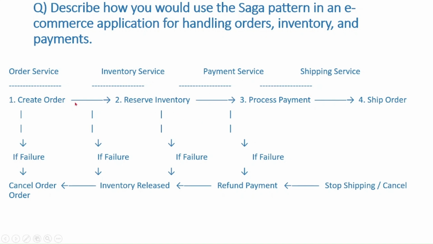So this is the diagram for the success flow. And if there is a failure, then these are the compensation transactions: cancel shipping, refund, inventory released, and cancel order. So this way you can implement the Saga pattern in an e-commerce application for handling orders.